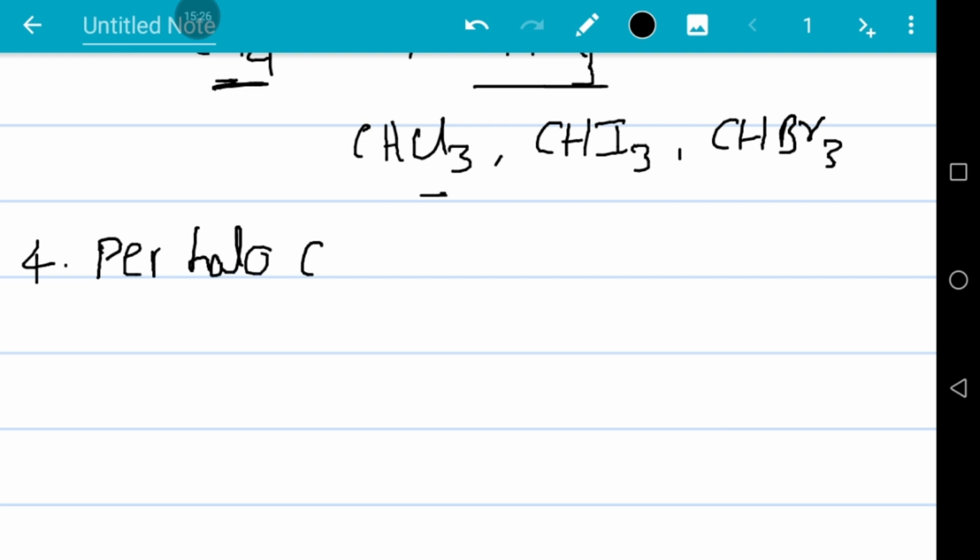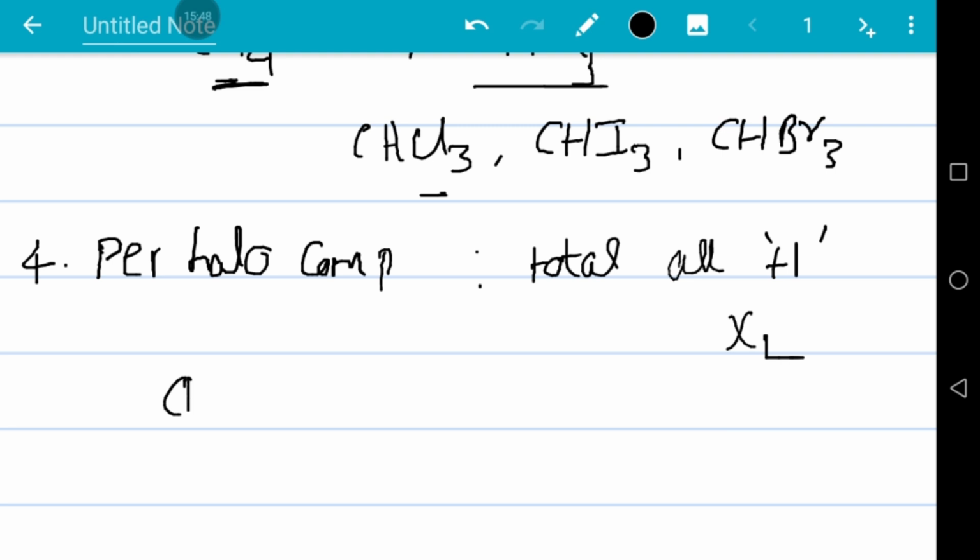Perhalo compounds means the total number of hydrogens, all hydrogens from an alkane, are replaced by halogens. For example, CH4: how many hydrogens are in this alkane? Totally four hydrogens are present. So all four hydrogens are replaced by halogens, then CX4 will come.